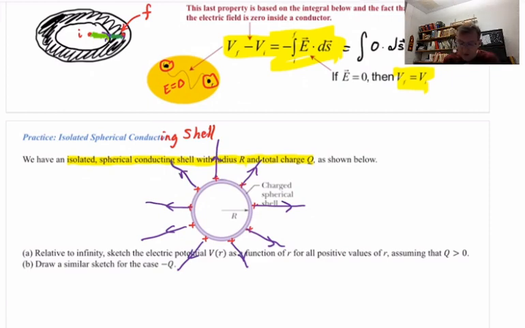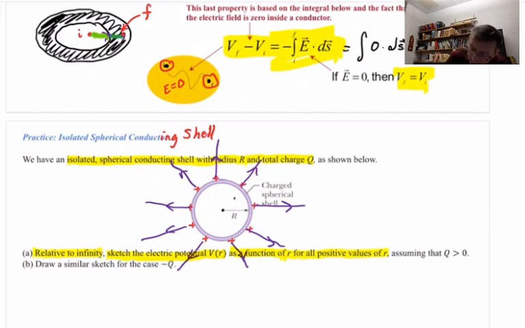Okay, so here's what we want to talk about in part A. Using a reference point out at infinity, where by definition the electric potential will equal 0, we are to sketch the electric potential V as a function of what's called little r, where little r is just the radial distance from the very center point there, out to wherever you are.